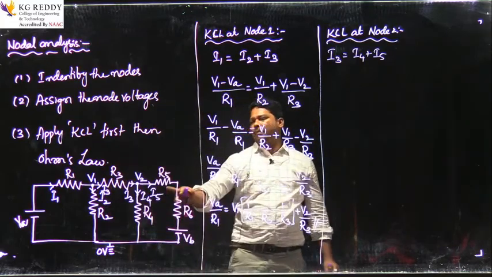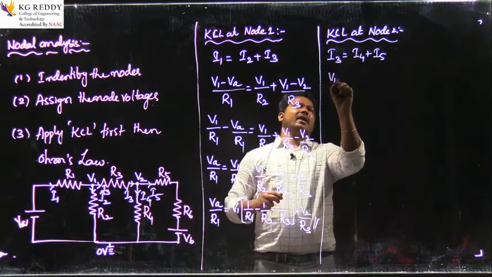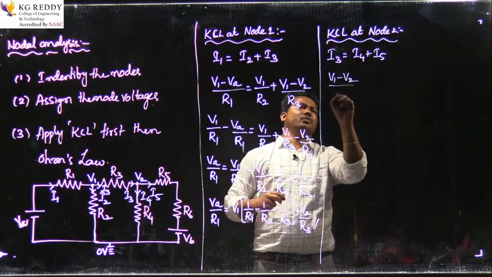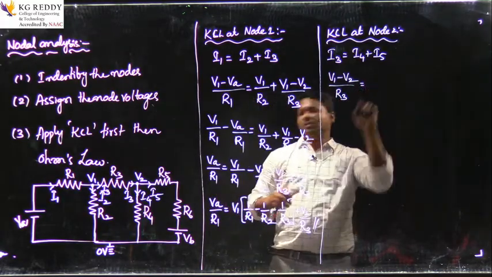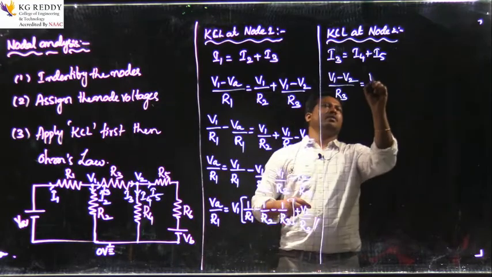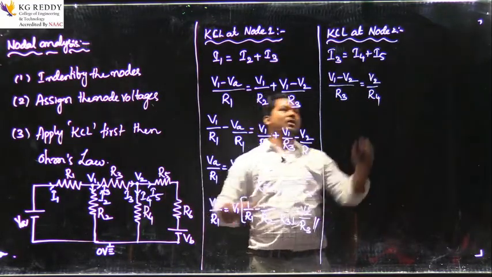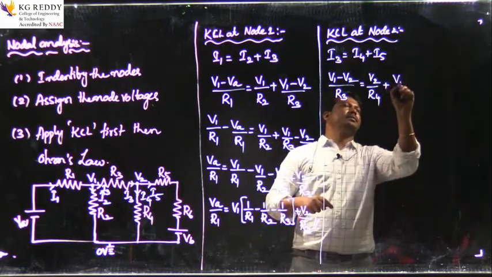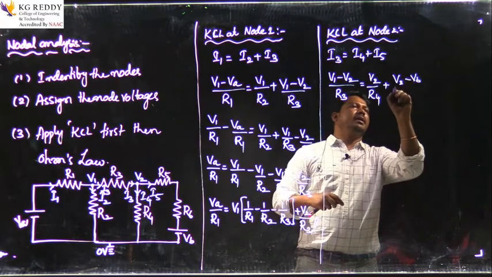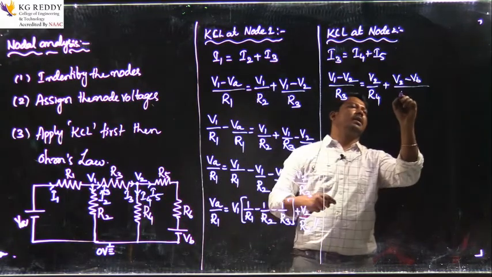By applying Ohm's law, I3 is (V1 minus V2) by R3, that is equal to I4, which is V2 by R4, plus I5, which is (V2 minus VB) by R5 plus R6, since R5 and R6 are connected in series.